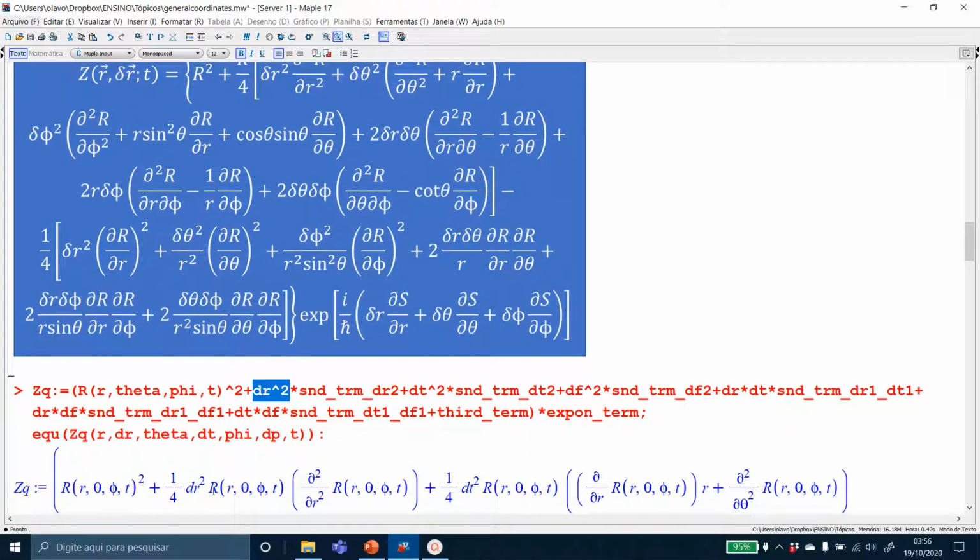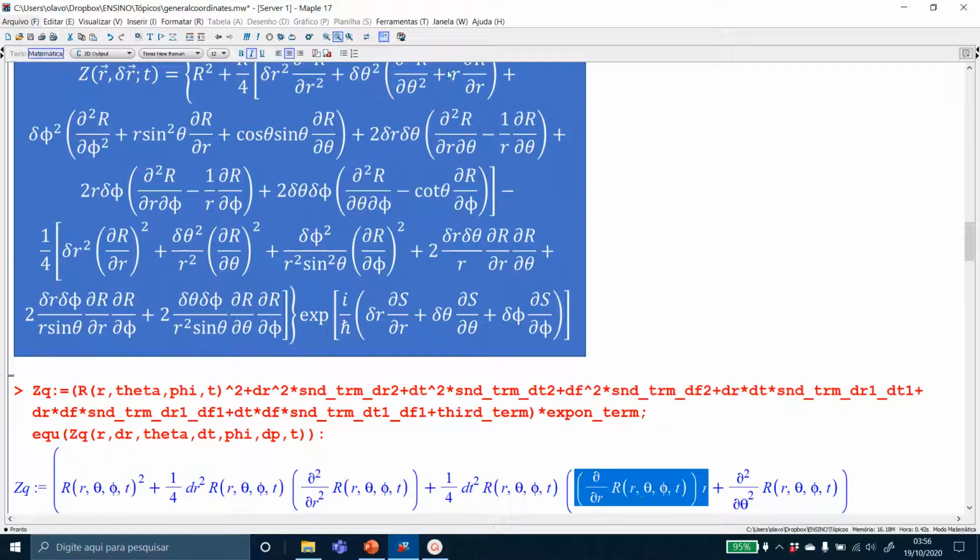Note that we have r over 4 multiplied by the second derivative of r with respect to the radius. The term in theta, second order here, r over 4 again, and dr with respect to r multiplied by r.